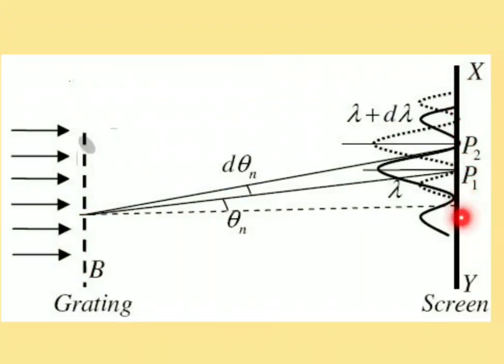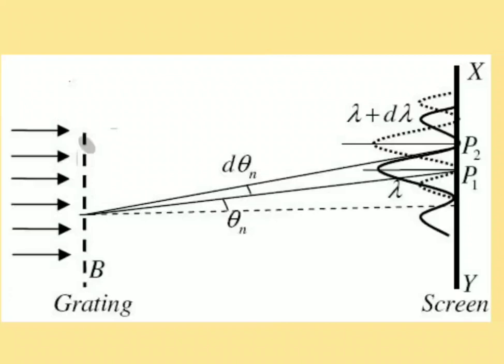Here XY is a screen. The dotted lines indicate the rays which travel in the same direction as the initial direction. After the grating also they travel in the same direction. That means they have no angle of diffraction, theta is equal to 0.